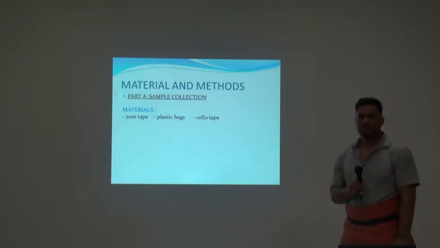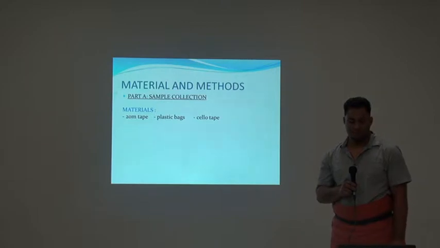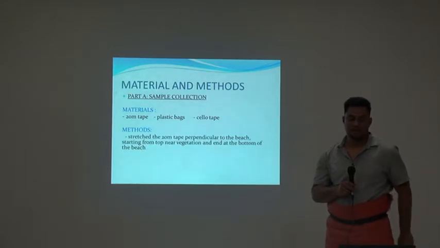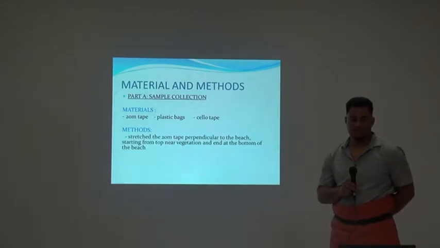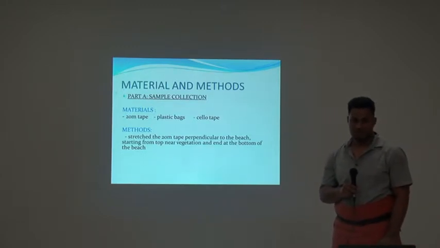These are the materials we are going to use: a 20-meter tape, plastic bags, and sellotape for labeling our samples. The method we are going to use in this sample collection: first, we stretch the 20-meter tape perpendicular to the beach, starting from the top to the bottom of the beach.